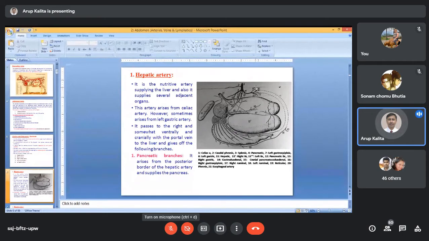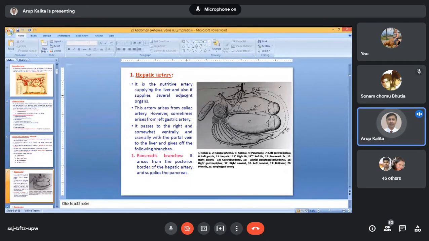Now coming to the hepatic artery, this is the hepatic artery. This is the nutritive artery supplying blood to the liver, and it also supplies several adjacent organs. So the hepatic artery is a nutritive artery. Nutritive artery means what? Do you know?